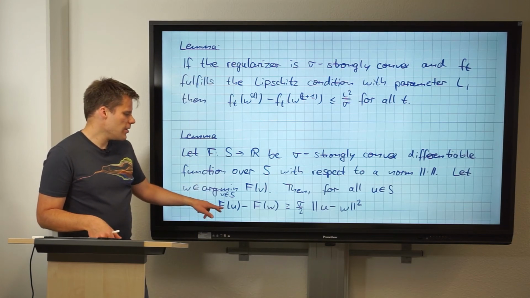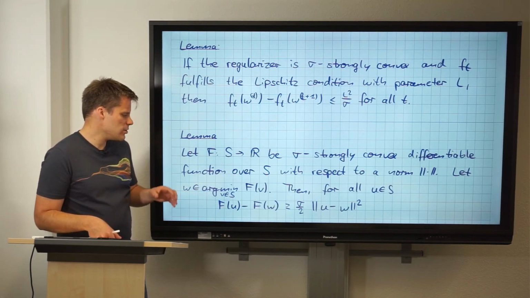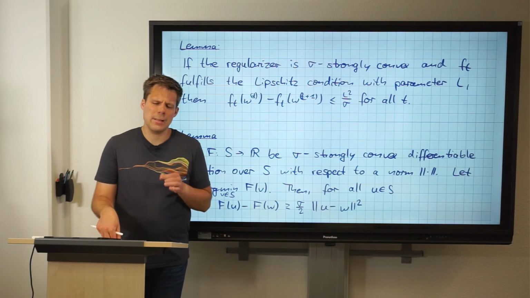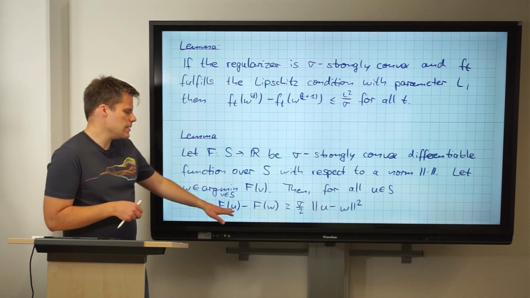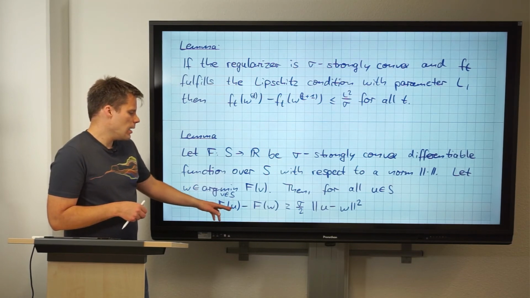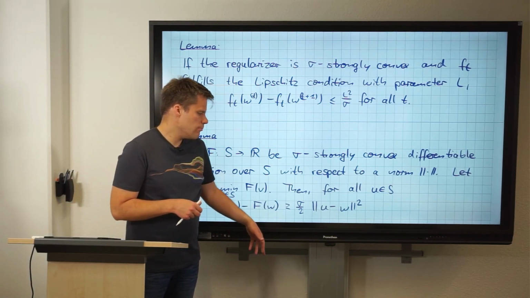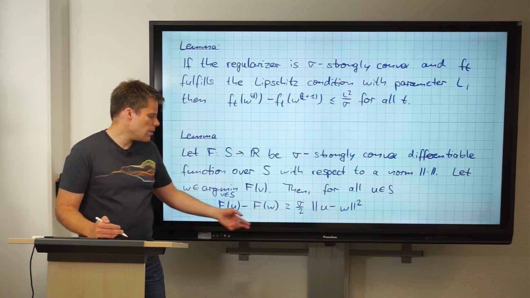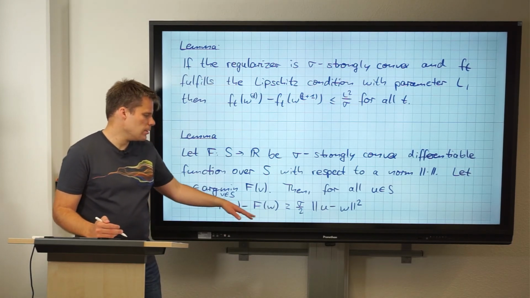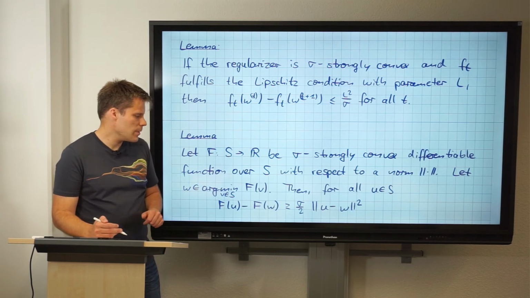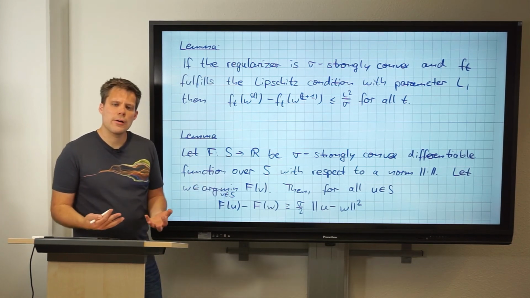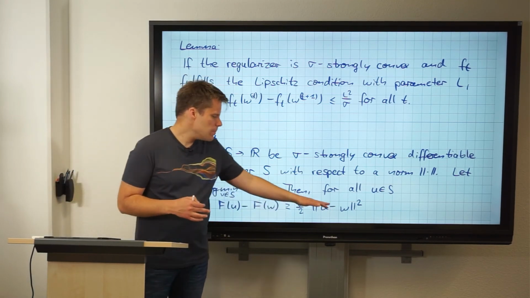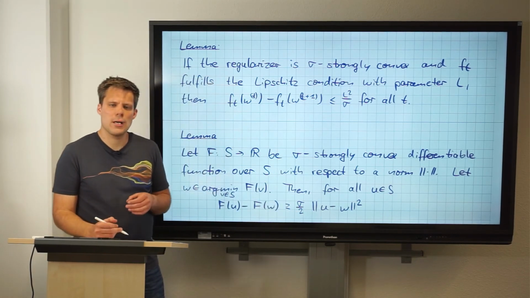And for every other point u, the function value at u is at least the function value at w plus something. If u is super close to w, there's not much that we're saying here. But if u and w are far apart, so u is any point, w was the point which minimized our function f, then the function value at u is much bigger than the function value at w.